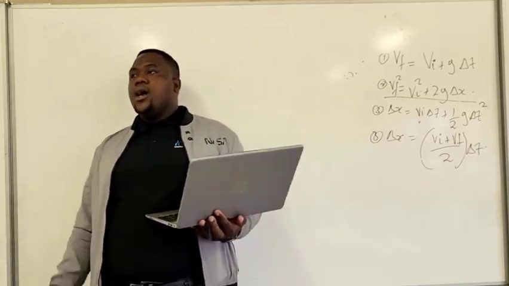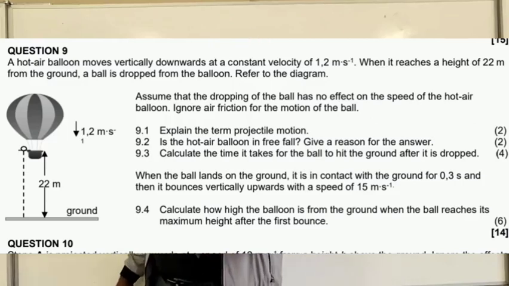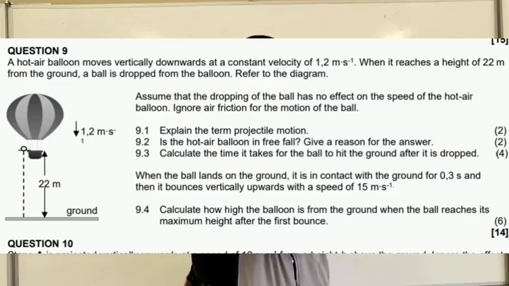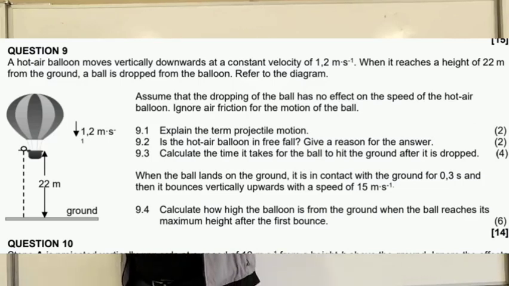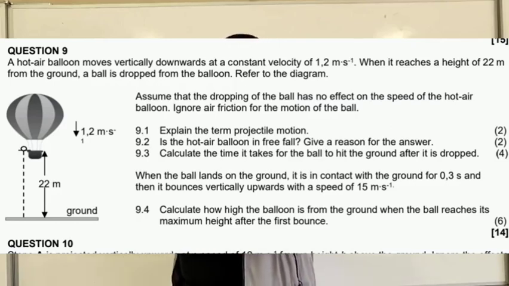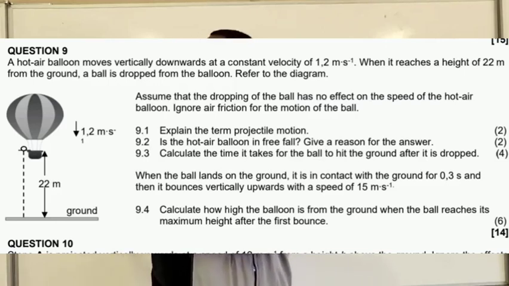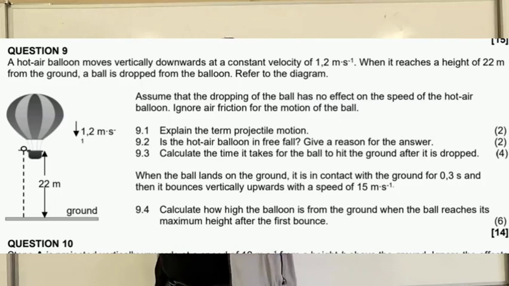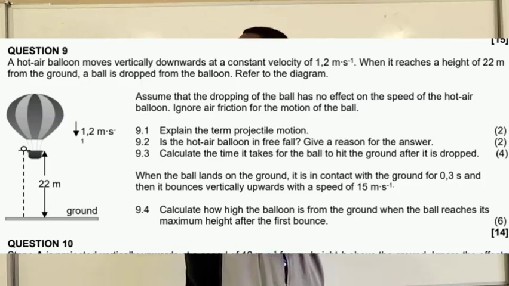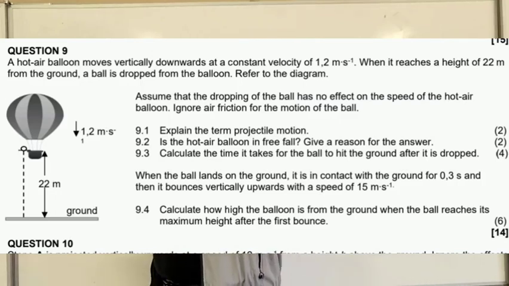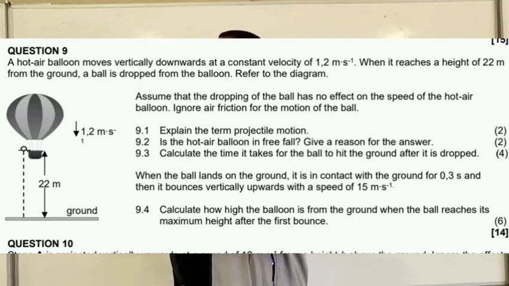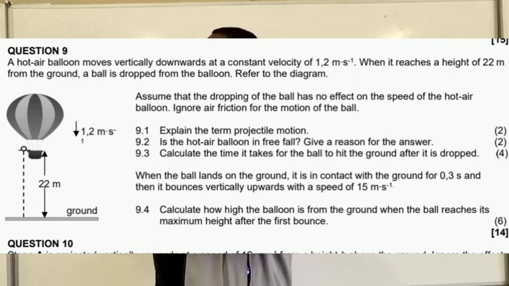Okay. Let me display question number 9. I've displayed question number 9 on your screen. It's about a hot air balloon. Let us read. It states that a hot air balloon moves vertically down at a constant velocity of 1.2 meters per second when it reaches a height of 22 meters.